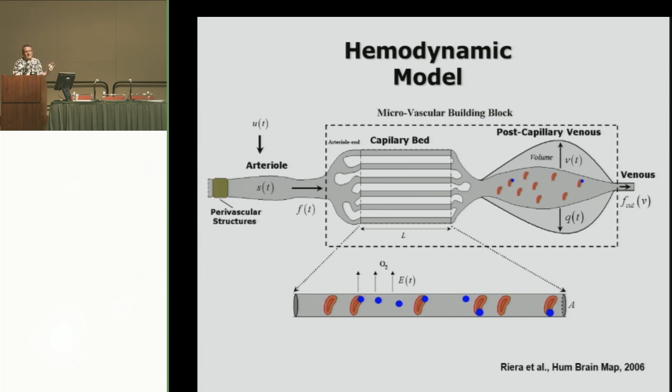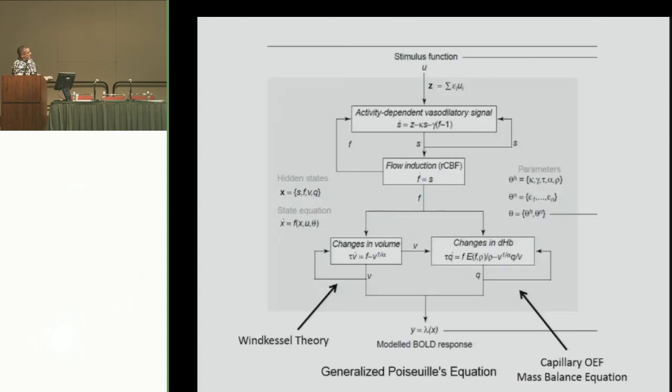Those are the two mechanisms. You can model this as two Gaussians or two functions moving. If this oxygen consumption moves too early, you get the initial dip that people are familiar with. So this is the equation of the balloon model.